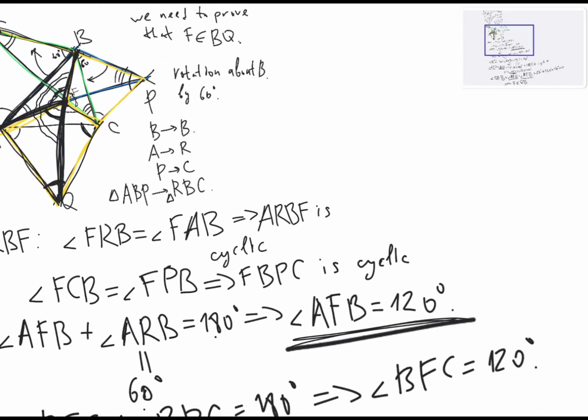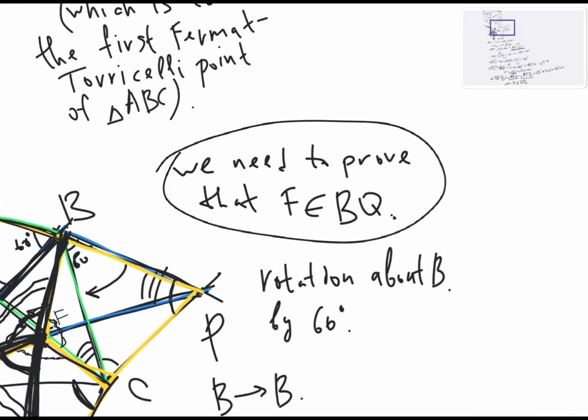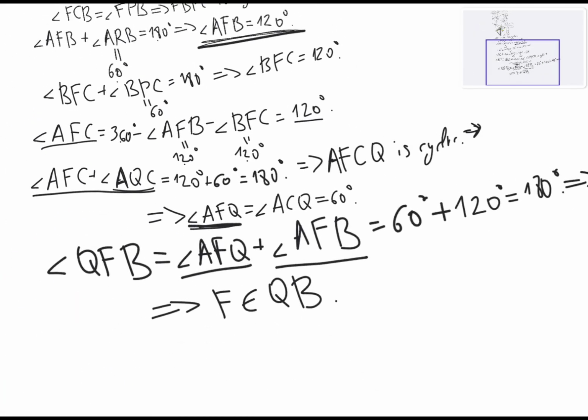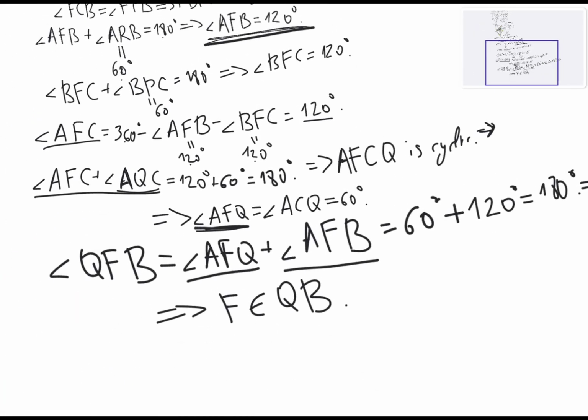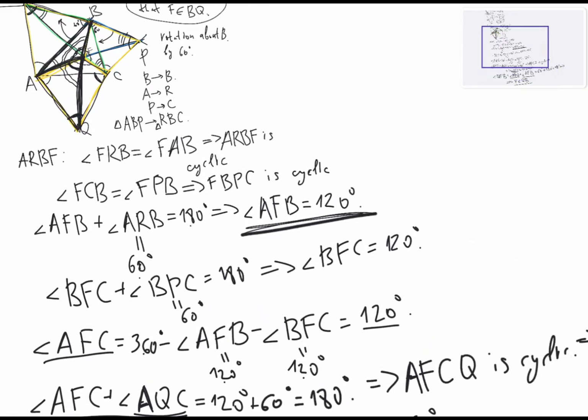And this is exactly what we needed to prove. We need to prove that F belongs on BQ. Well, I wrote here QB, it's the same thing, the same line, doesn't matter. So this is basically what we need to prove.